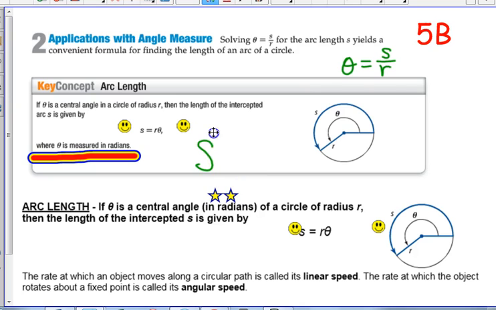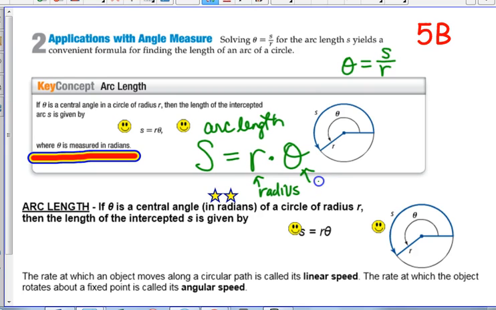So the arc length s is equal to r times theta, where r is the radius and theta is the angle in radians. This formula is on your blue sheet, above the unit circle. Did you find them? Above the unit circle are all the formulas we're going to be using right now. Are we good?